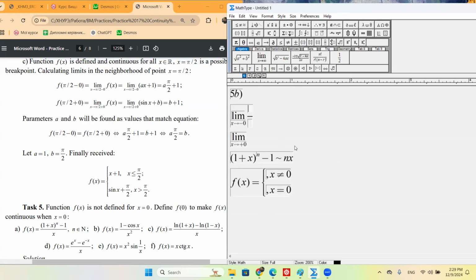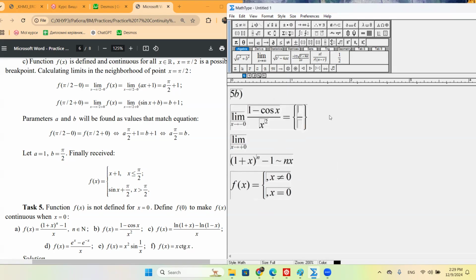So the next example, (1 minus cosine of x) divided by x in power of 2. So we have an indeterminate form, and we need to simplify, to transform the expression in the numerator.